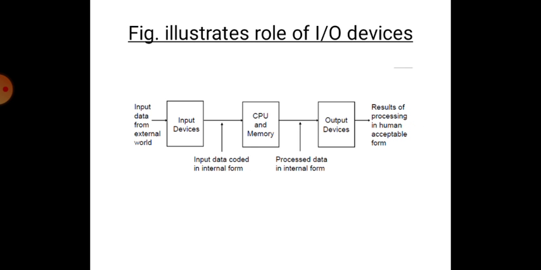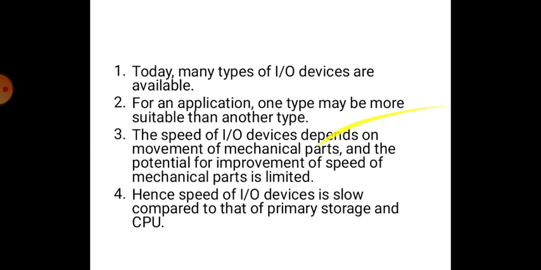The CPU carries out the processing part, and results are made available in the memory, and those results are picked up. The results are available in binary form, these are converted into human understandable form, and output devices do this job. So this diagram is very important.